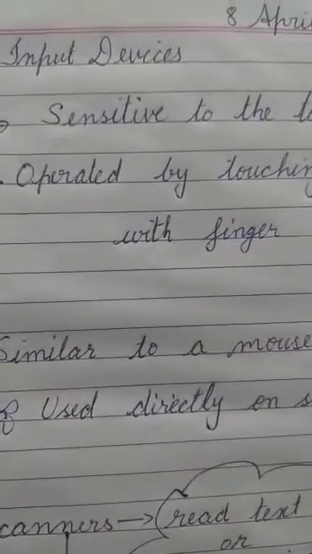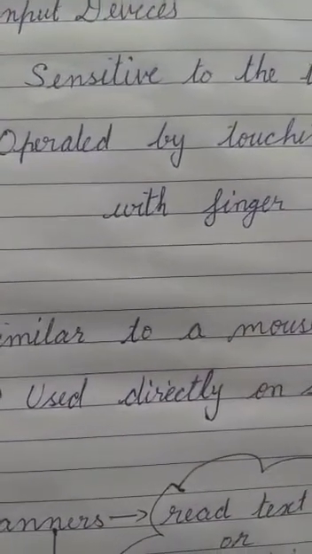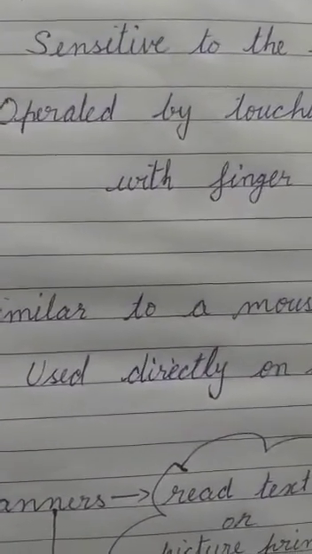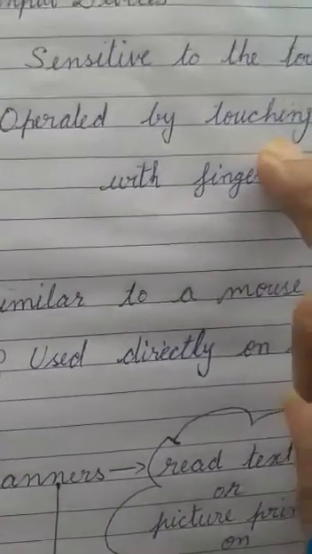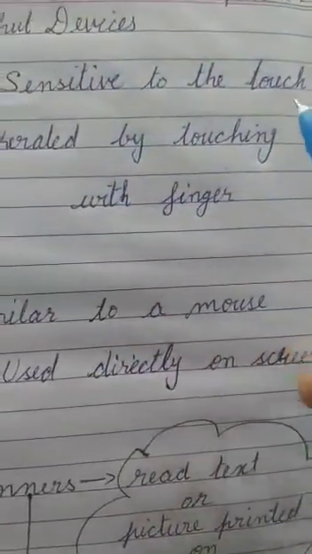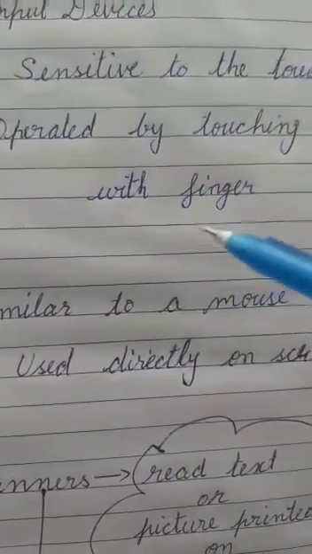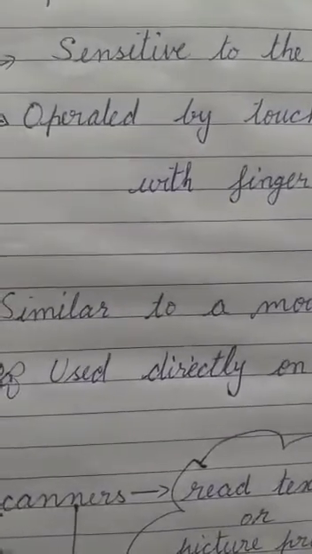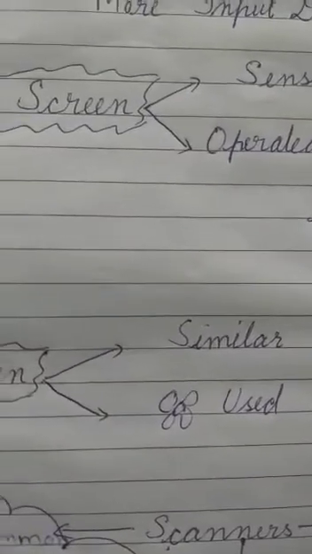Like if you want to open, you want to zoom, you want to select any object, then what you need to do on your cell phone, you only need to touch it and the operation will be done. So that is why it is sensitive to the touch, and it is operated by touching with finger. How will you touch? With your finger, right? So that is touch screen. So touch screen is also an input device.